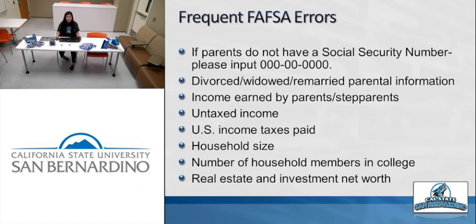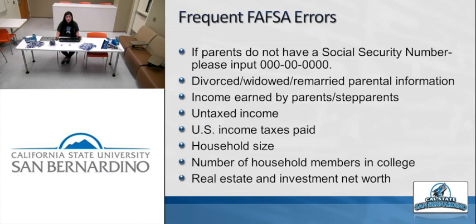If your parents are divorced, widowed, or remarried, you want to make sure that you indicate that under the parent's marital status. You want to make sure that you include income earned by both parents or step-parents in the application. Even if your parents got married but don't file together, you want to make sure that you still include both incomes on the FAFSA.